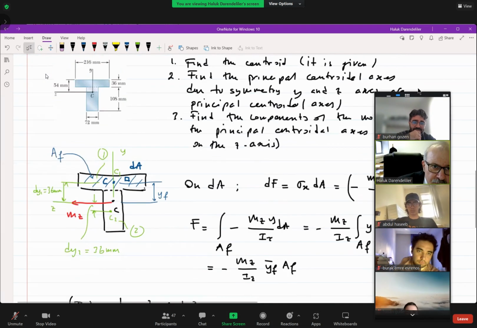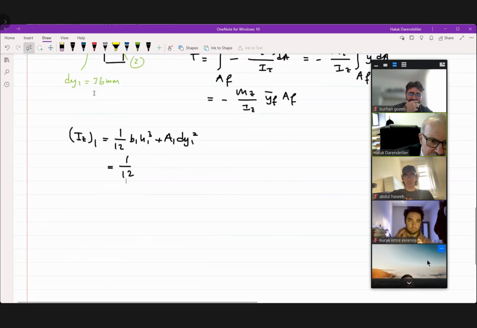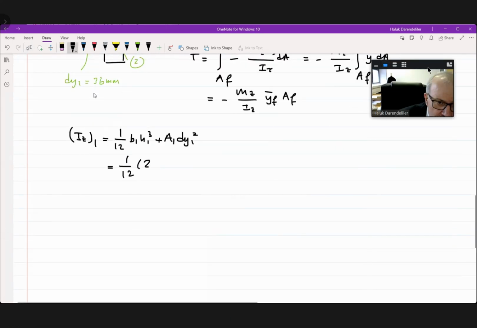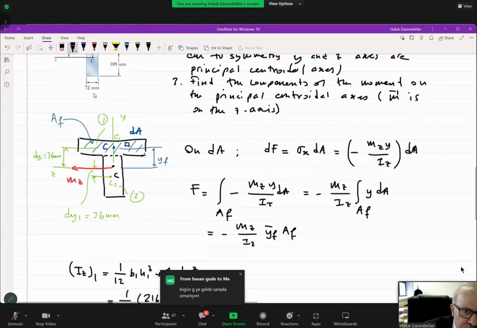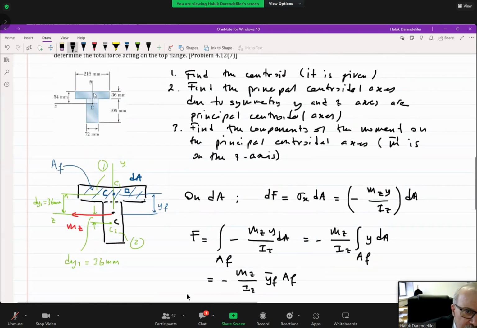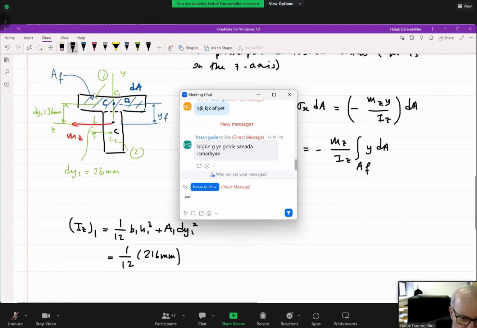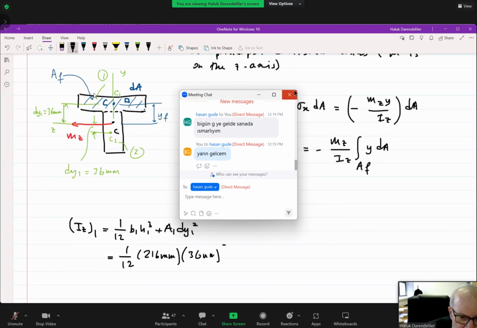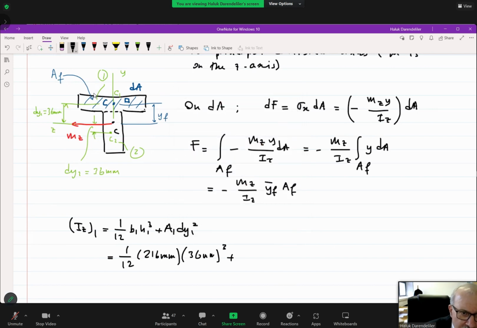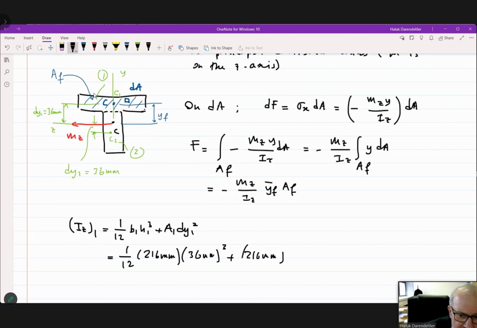If you look at the figure, it is 216 millimeters. h is the height of that area, which is 36 millimeters. So 1/12 times 216 times 36 millimeters to the power 3, plus A1, which is 216 millimeters times 36 millimeters.